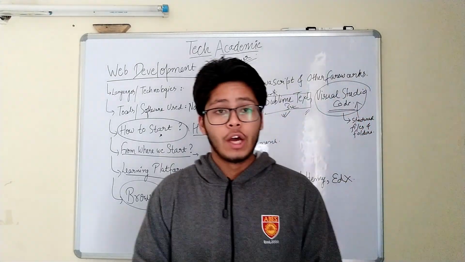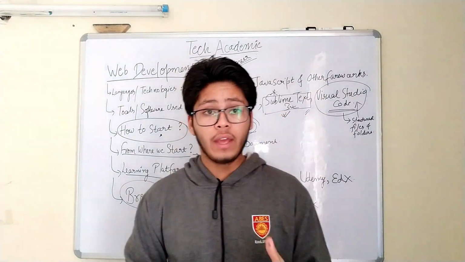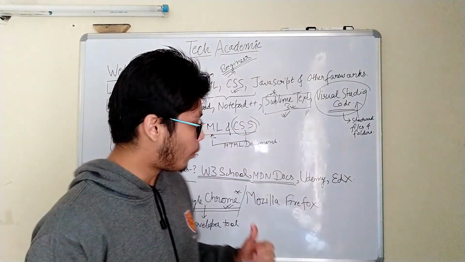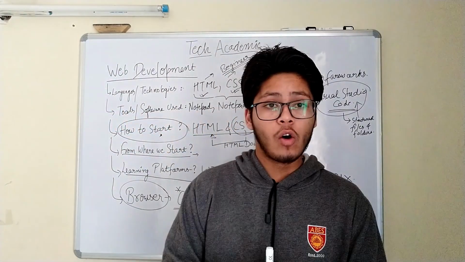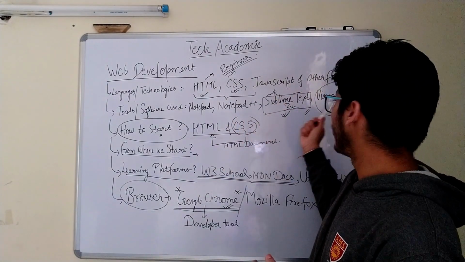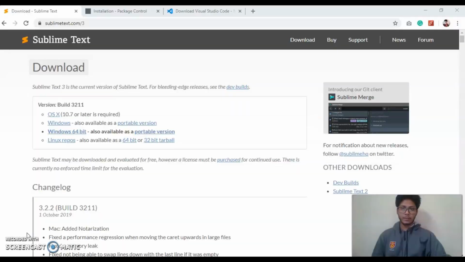So now we will learn how to download this software, from where we start, and how we use Google Chrome as a developer tool. Now I will show you how to download Sublime Text or Visual Studio Code. So let's start. Here we download Sublime Text version 3.